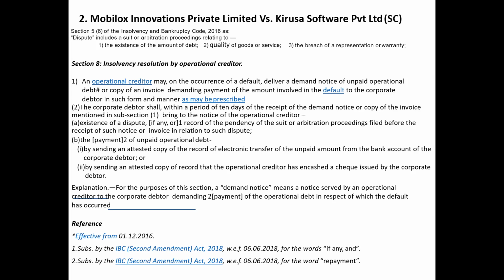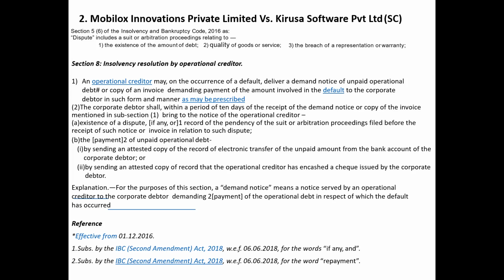But Mobilox Innovations, in the non-disclosure agreement which they signed with Kirusa Software, told them not to disclose to the public that we are doing this program, because Mobilox was the main contractor. But they offloaded a certain part to Kirusa Software with a non-disclosure agreement.